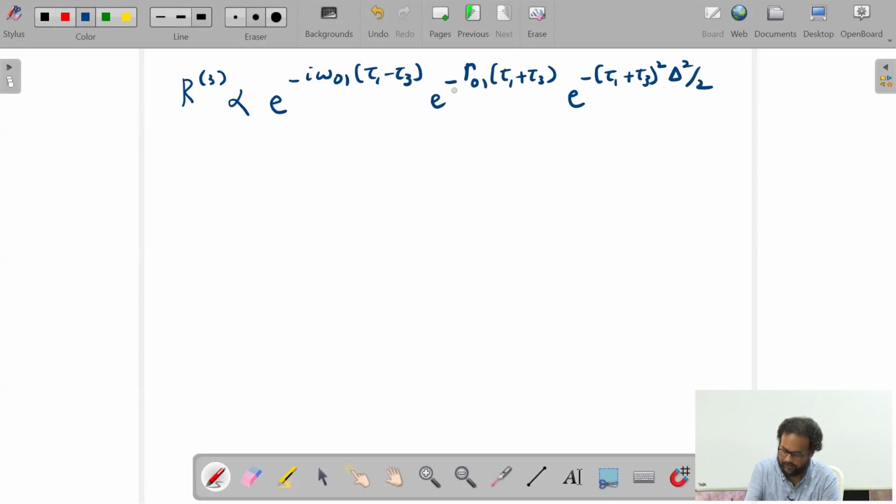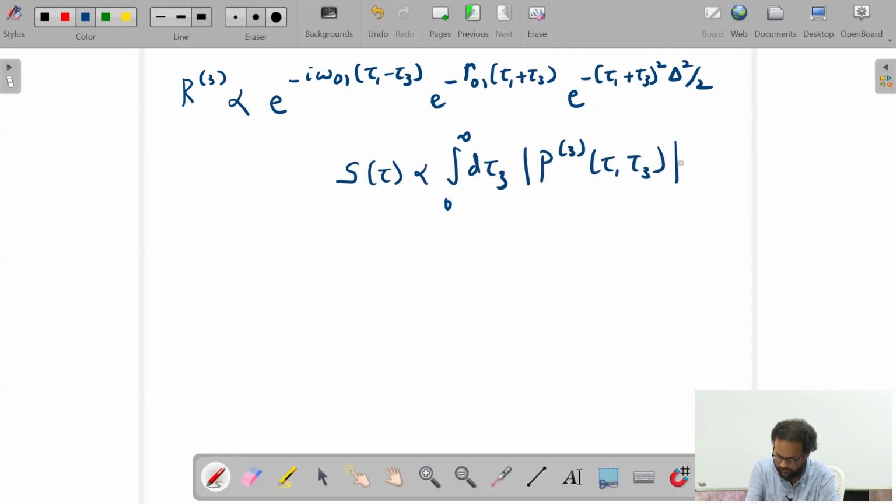So I explicitly write down both possible contributions, slow as well as fast. And my response, or the signal that I'm measuring, let's call that signal S, will be in time, the interferogram that you're going to measure, the integral from 0 to infinity dτ3 of R3(τ1, τ3) squared.